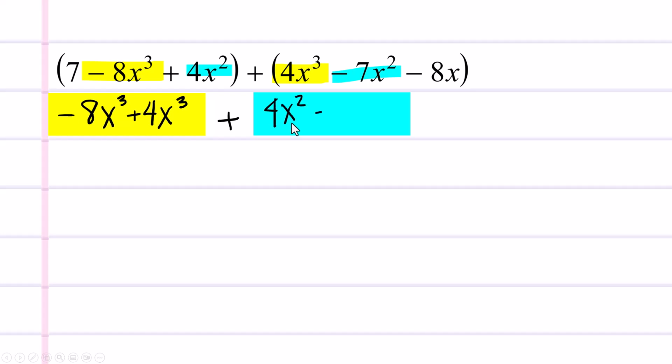I'm putting a plus in between all of these terms. This is a plus in between. And we're going to add that to what? Oh, I don't have any other x's over here. So this is just going to be negative 8x. And I have a constant 7.